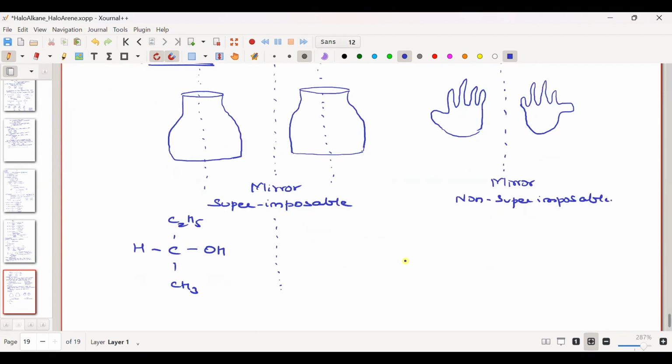How will this look here? The OH and the H spots will be swapped. Is this superimposable? No, sir. This is non-superimposable.